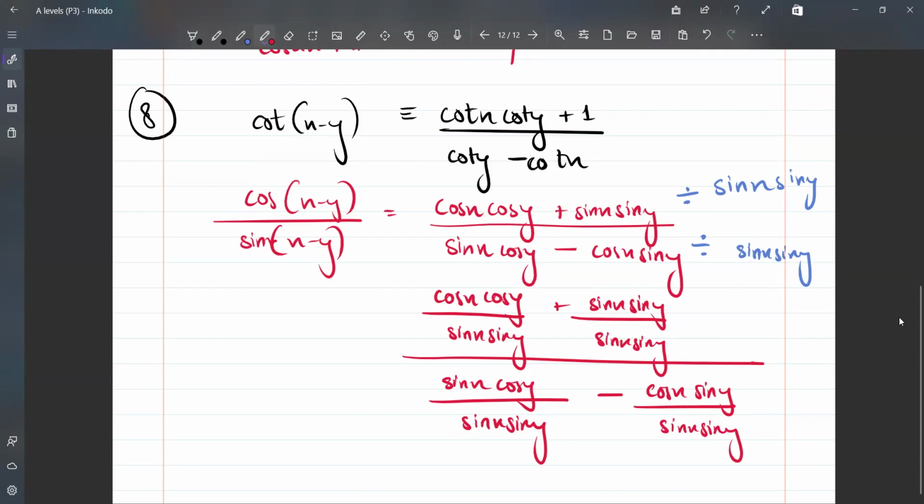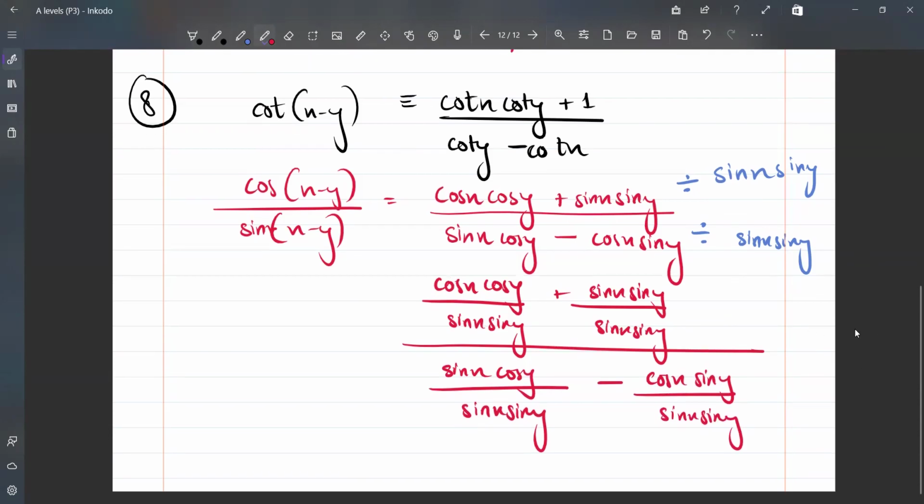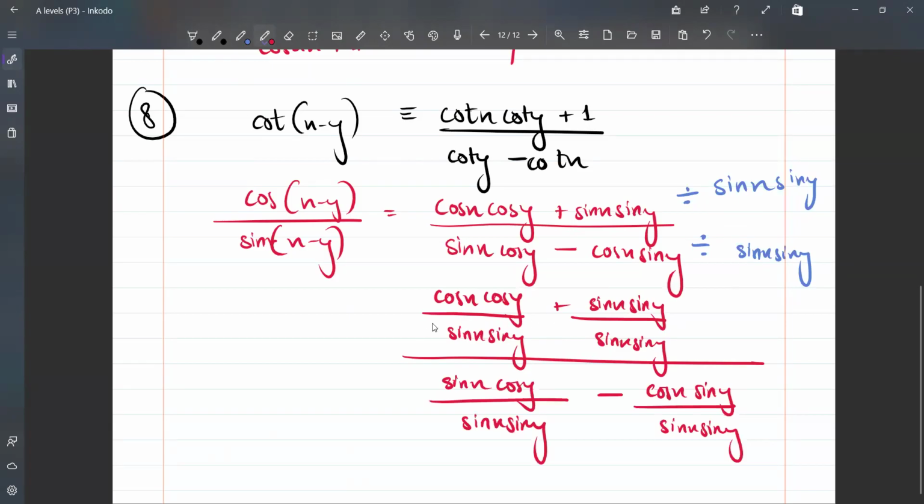Notice by doing this, we got rid of this sign. I don't have space. Let's just do it here with a blue pen. Okay, so we got rid of this and we're left with 1 here.